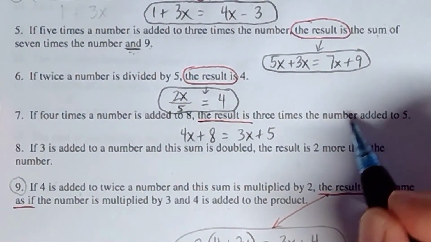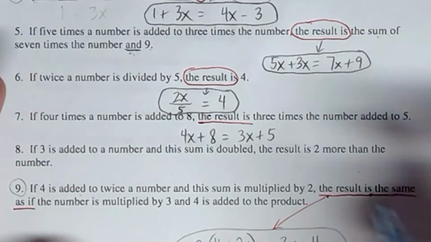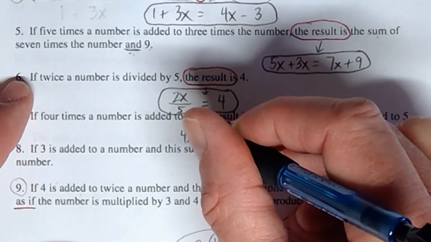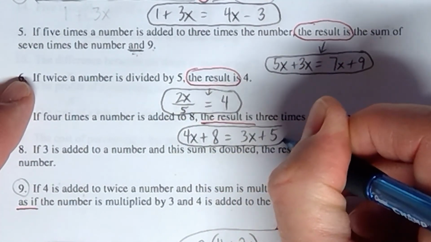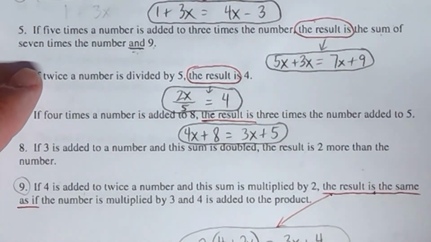So 3 times the number and then plus 5. You could also say 5 plus 3x right there. Like we were talking about before.